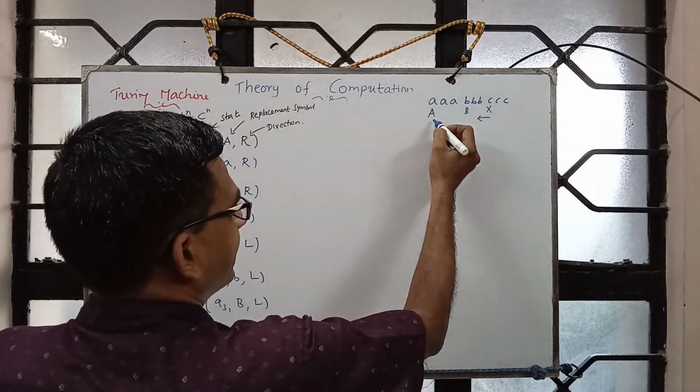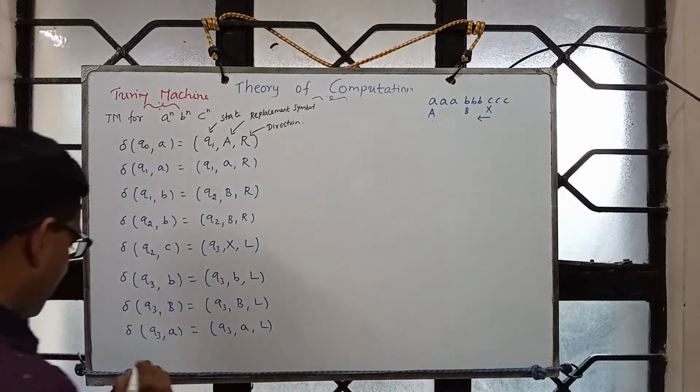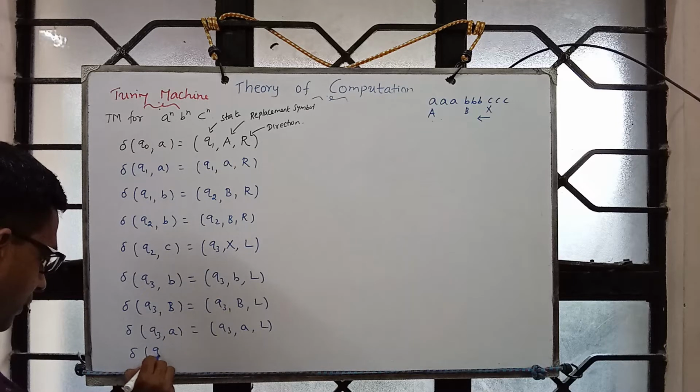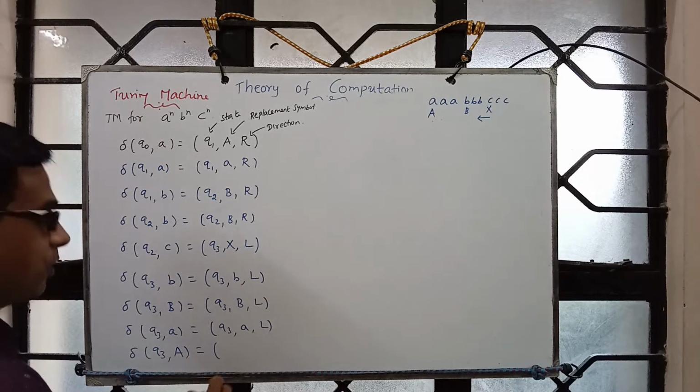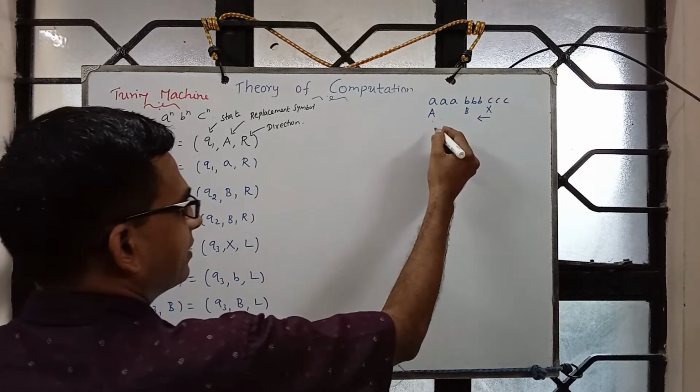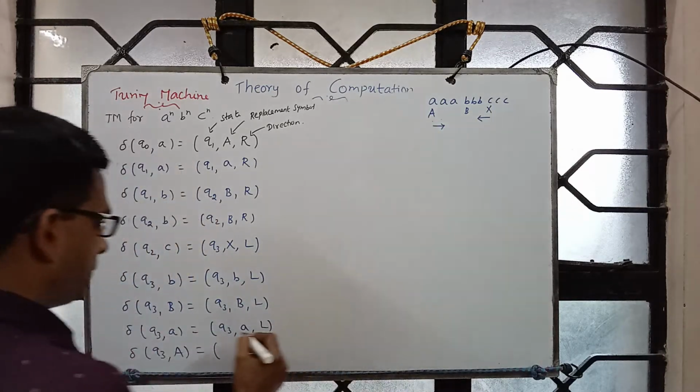So at some point in time you will see this. When you are in Q3, you hit capital A. Now you need to change your direction and start this procedure.